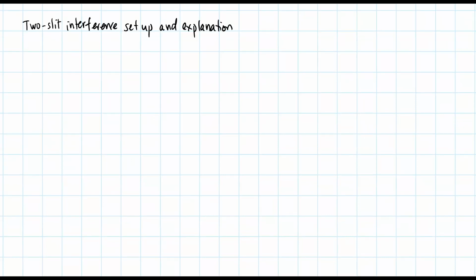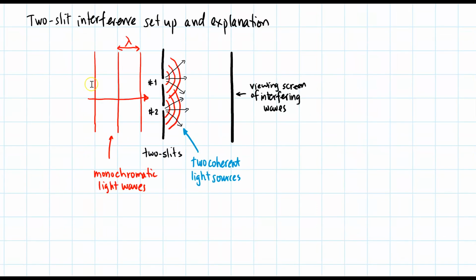Two-slit interference setup and explanation. So in red here, I have monochromatic light waves, and the spacing between these lines tells us the wavelength. As this light impinges on this screen, there are two slits, slit number 1 and slit number 2.